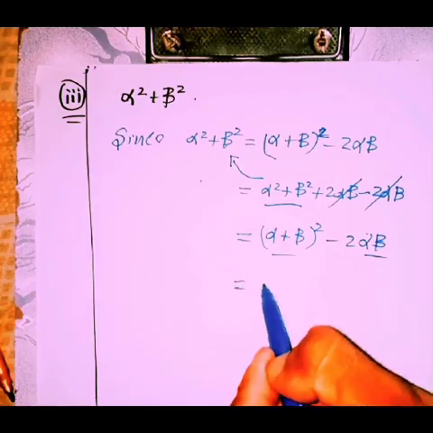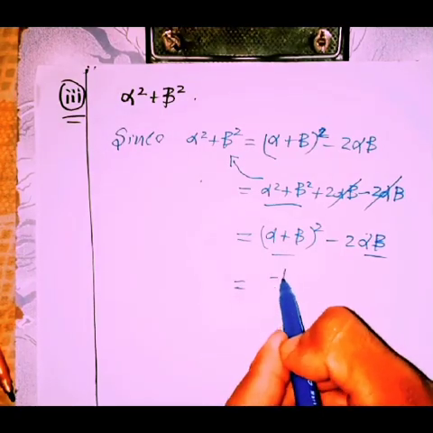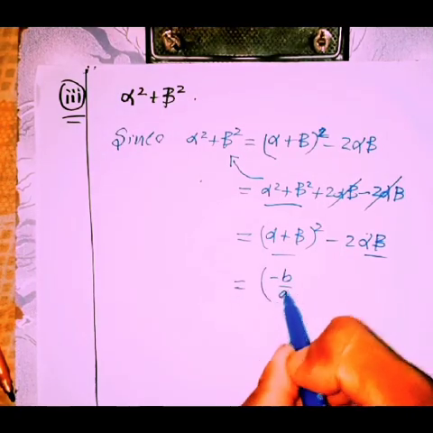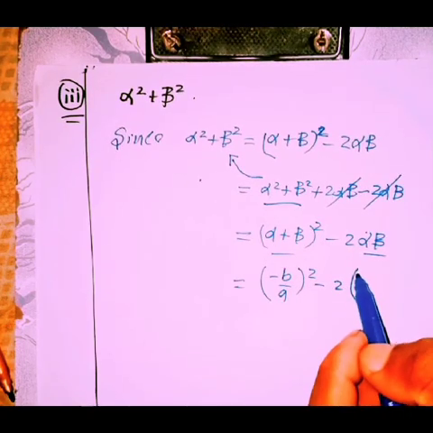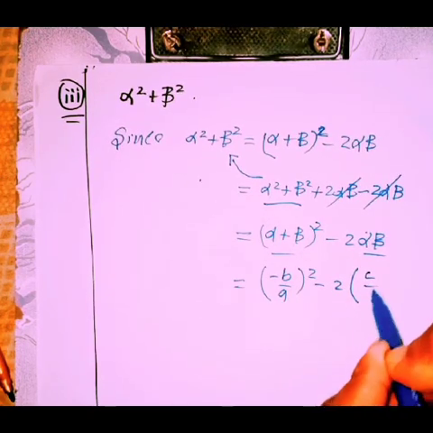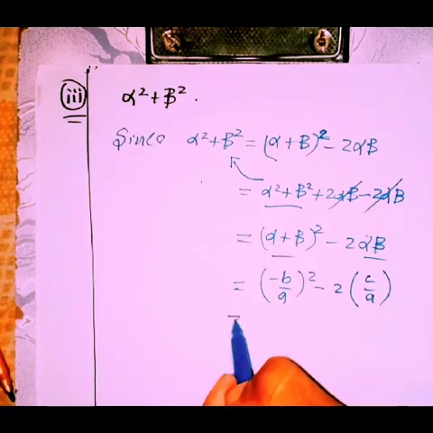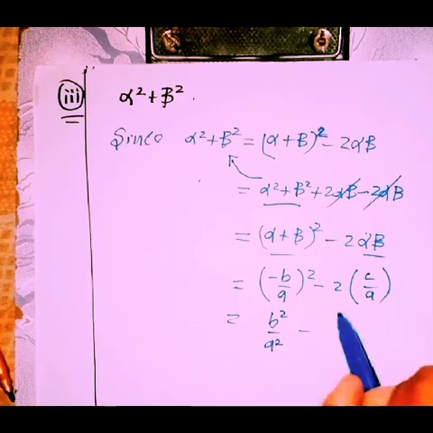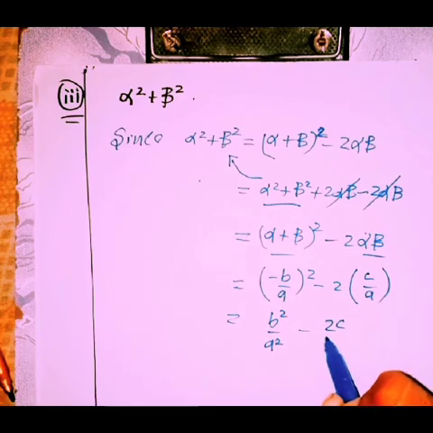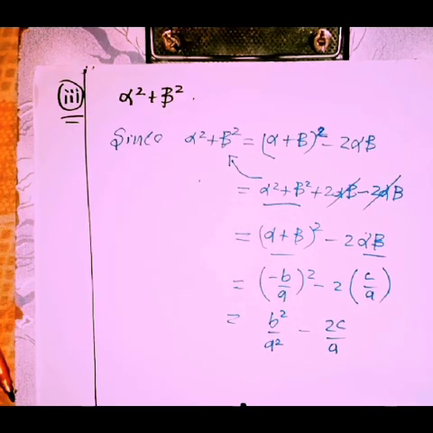So here we can put the values of sum of roots and product of roots. Alpha plus beta is equal to minus b divided by a, and alpha beta is equal to c divided by a. Now we simply apply the square, which gives b square divided by a square minus 2c divided by a.